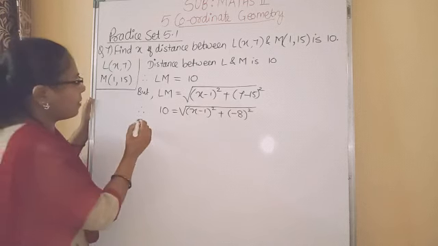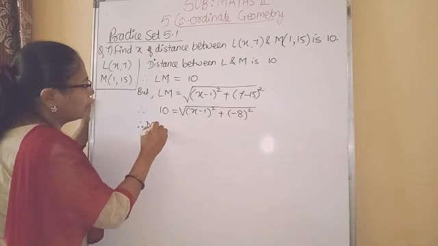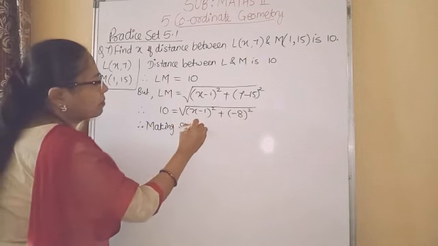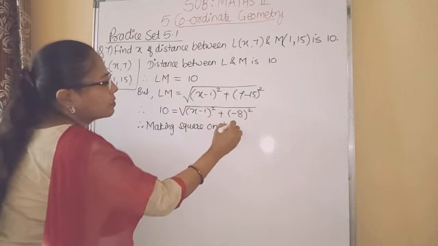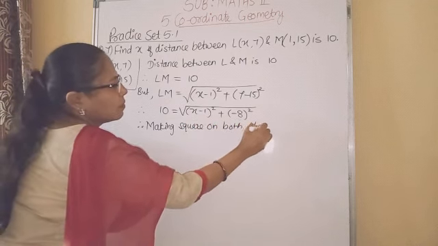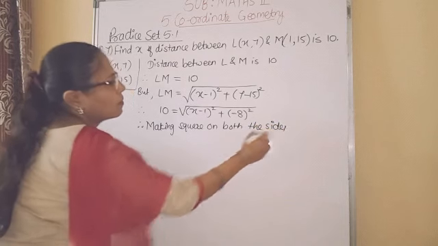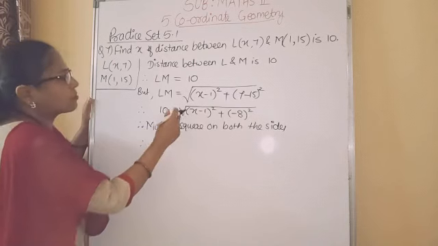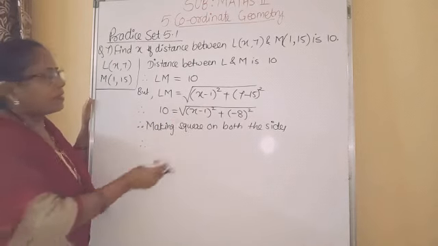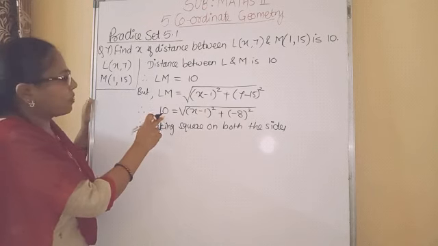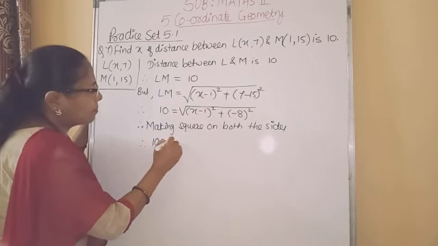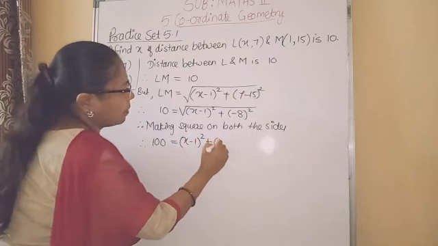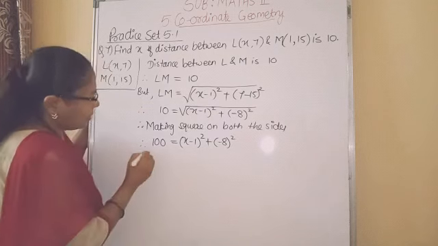So to remove this we will square on both sides. If you square the right hand side, this square root gets removed. Then the square on the left hand side: square of 10 is 100. And here we will get (x minus 1) the whole square plus (minus 8) square.